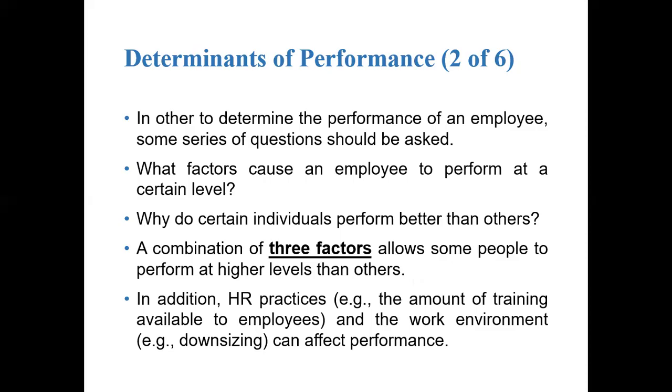What factors cause an employee to perform at a certain level? Why do certain individuals perform better than others? A combination of three factors, that's the ones I have just mentioned. In addition, HR practice, for example, the amount of training available. So the three things plus the amount of training that is available to these employees and the work environment.